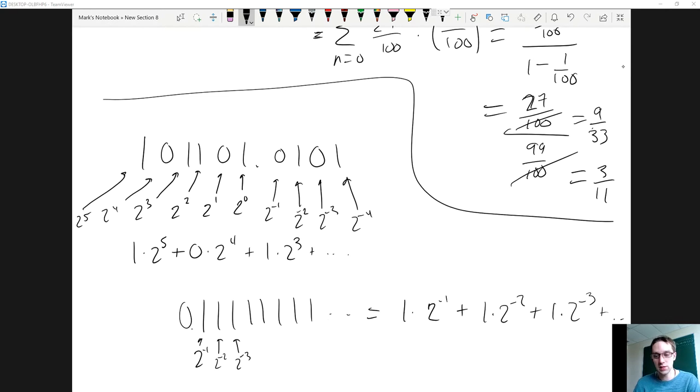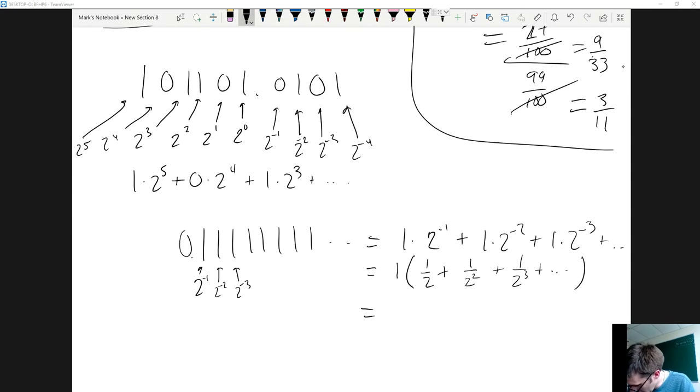And that one is actually a geometric series because the constant is the same. And what would that be equal to? Well, 2 to the -1 is 1/2. And so we'll have a 1/2 plus, and I'm going to factor out that 1. Next we'll have a 2 to the -2, that's a 1/4, or a 1 over 2 squared. The next one will be a 1 over 2 cubed. And that will continue.